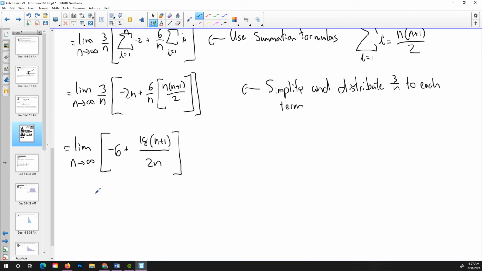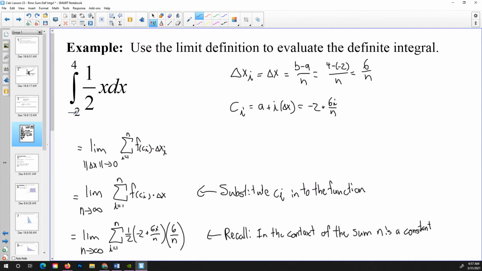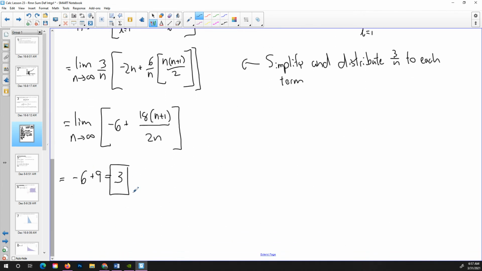And I can calculate each of these limits fairly easily. The limit of a constant is just a constant. And then here I'll have 18n over 2n. And since the degrees are the same, the limit is just the ratio of the leading coefficients. 18 over 2 ends up being 9. So this thing ends up being 3. So my definite integral of this expression ends up being 3.